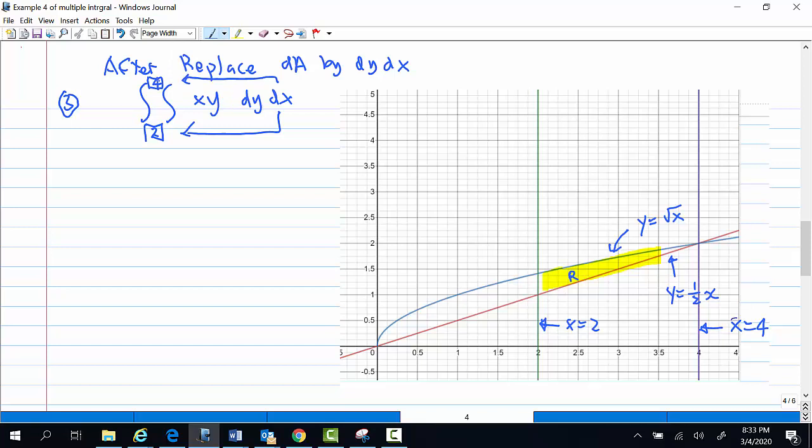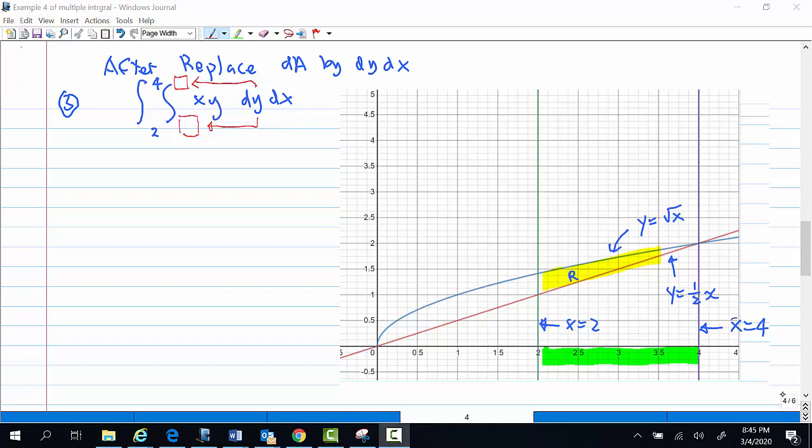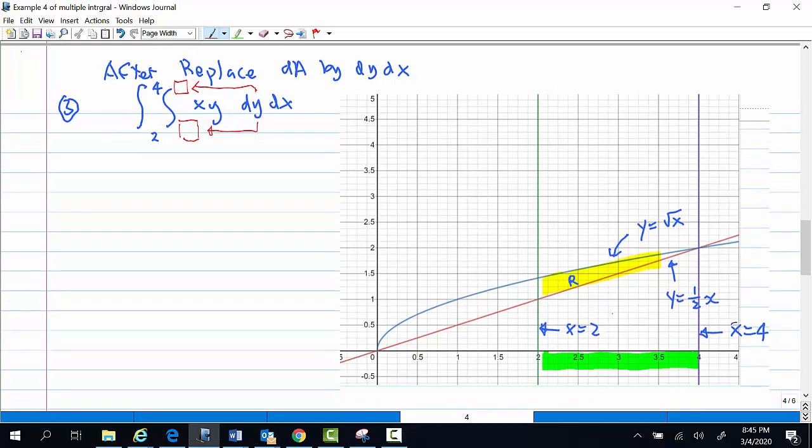You can see from the diagram, our x value is from 2 to 4, because in the yellow region the x value is between 2 to 4. Next, we will find the inner limit for y. To do so, you fix a value of x anywhere between 2 to 4. Let's say I fix the value of x at 3. Now this is arbitrary. You can put the value of x anywhere between 2 and 4.